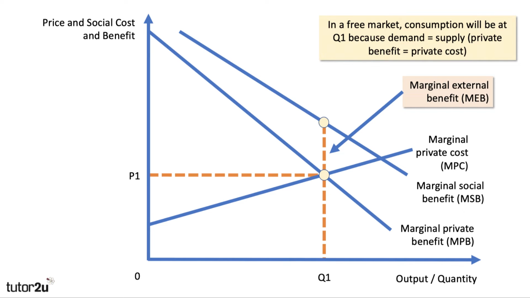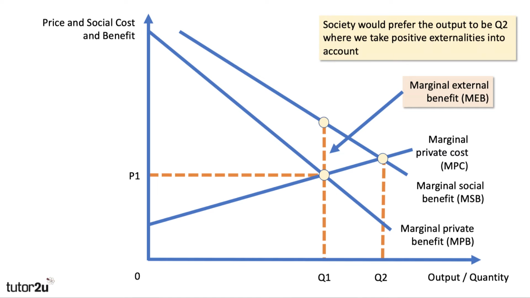Now, in a free market, typically, consumption will be at Q1 because demand equals supply. People only think about their own benefits, private benefits and private costs. However, this is socially inefficient because at Q1, the social marginal benefit is greater than the cost to society. So therefore, there's basically underconsumption of the positive externality.